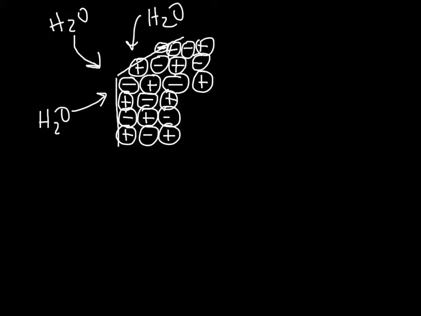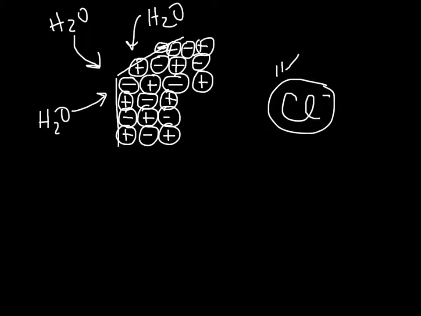Here's a zoomed-in view of what happens if water gets a hold of a chloride ion. That's one of our negatives from over here. Water gets a hold of it. And this is what happens.